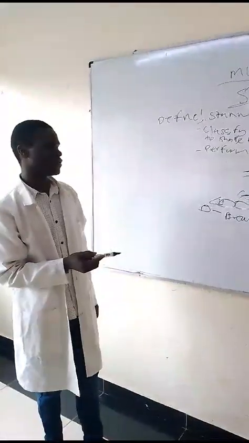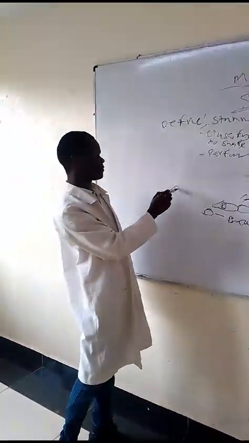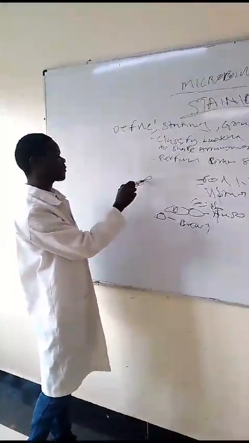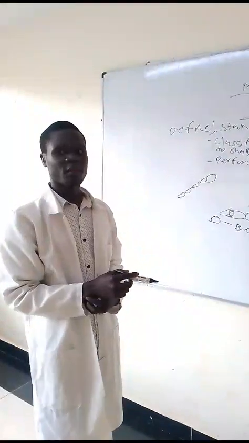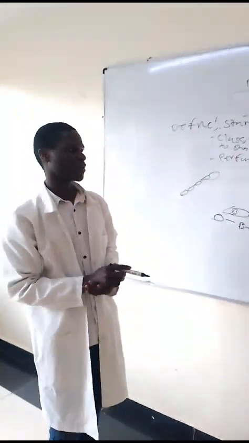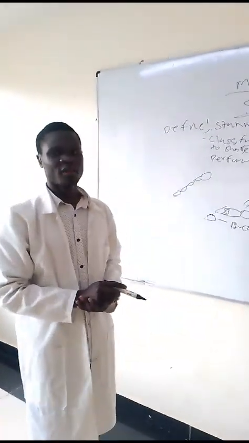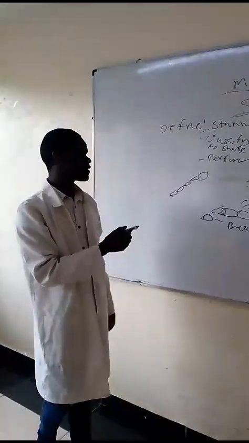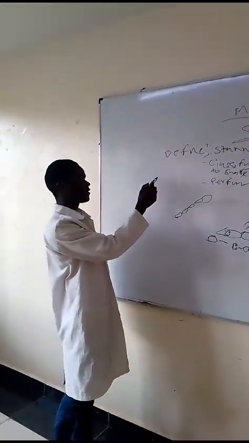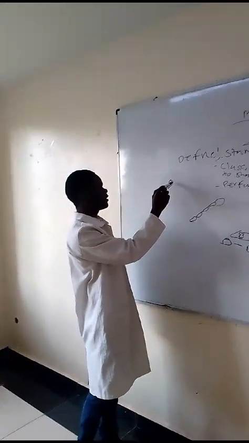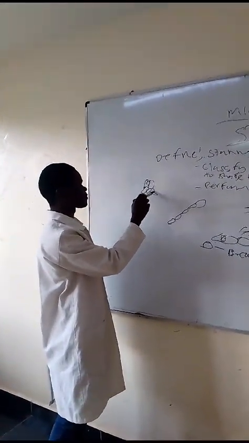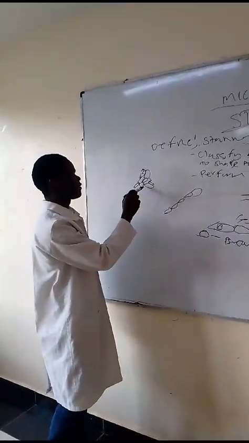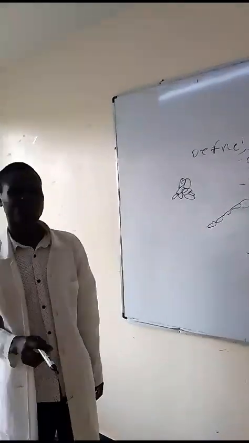And if you see them appear chain-like, that one can be Streptococcus. Isn't it? Yes. Good. And if you see it appear in a cluster-like form, some here, some this way, that one can be Staphylococcus.